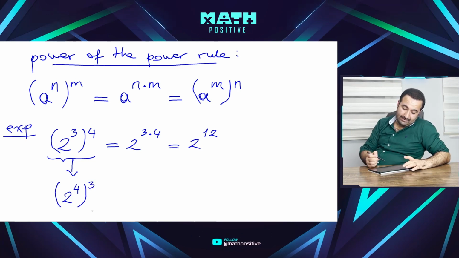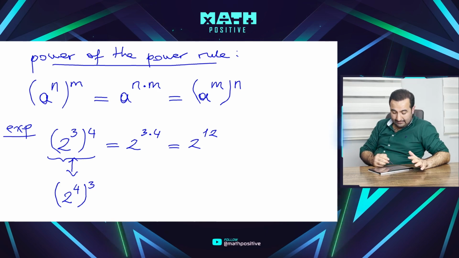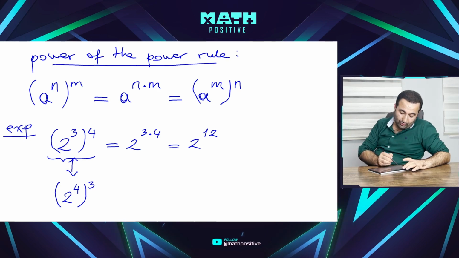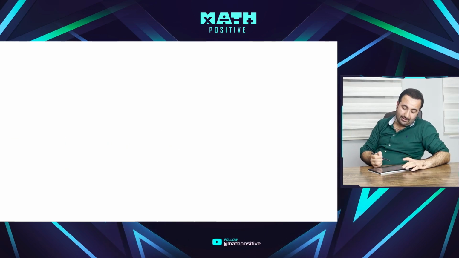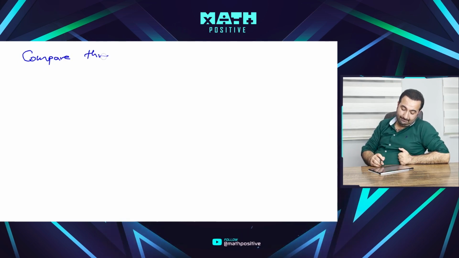Okay, we can write this as 2 to the power 4 to power 3 cubed if we need. Okay, these two expressions are the same. You can change the order of these powers if you have power of the power.